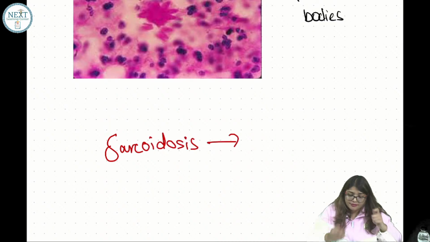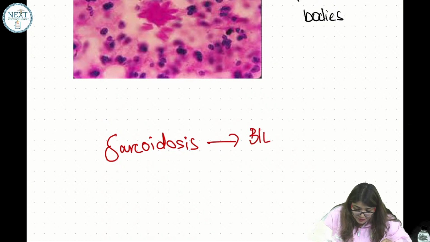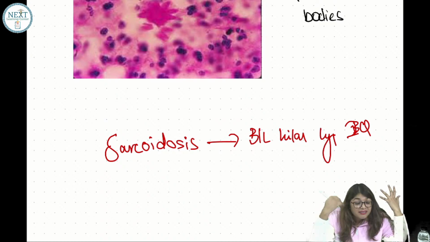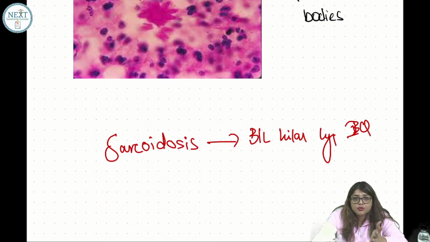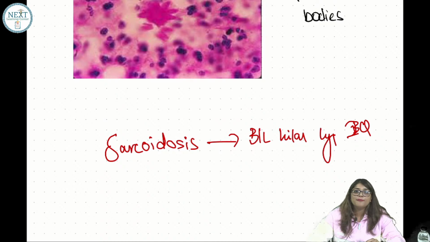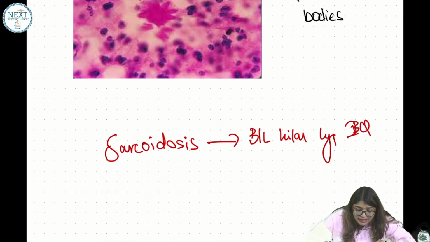There is bilateral hilar lymphadenopathy. This is an image-based question also. Whenever I'm talking about something, try to recollect that image. You should never search for options, you should know the image. All right, bilateral hilar lymphadenopathy.